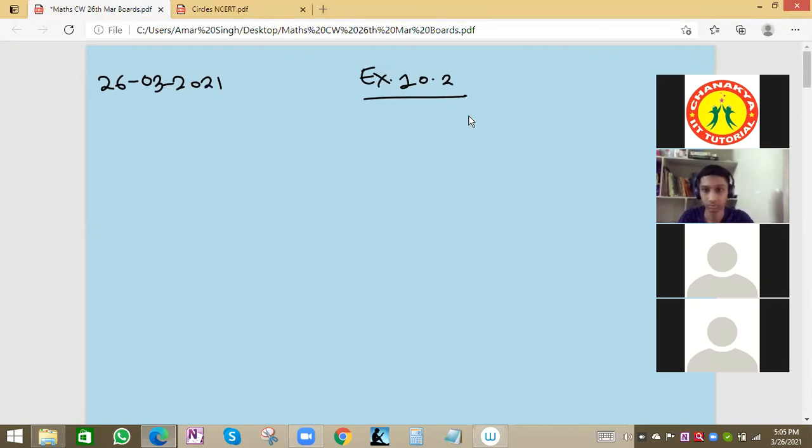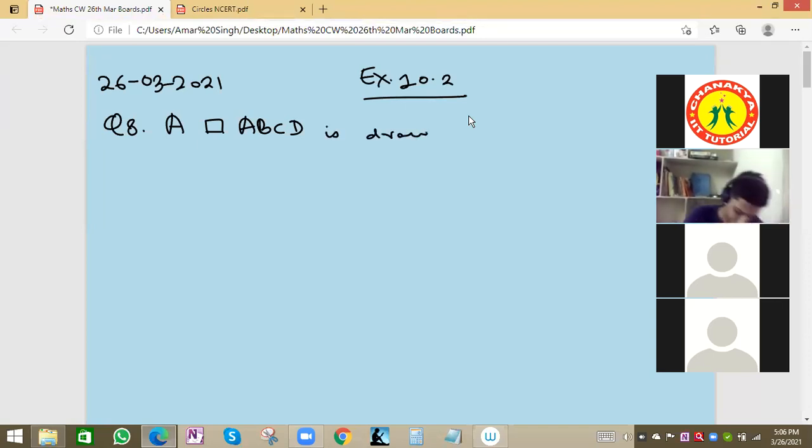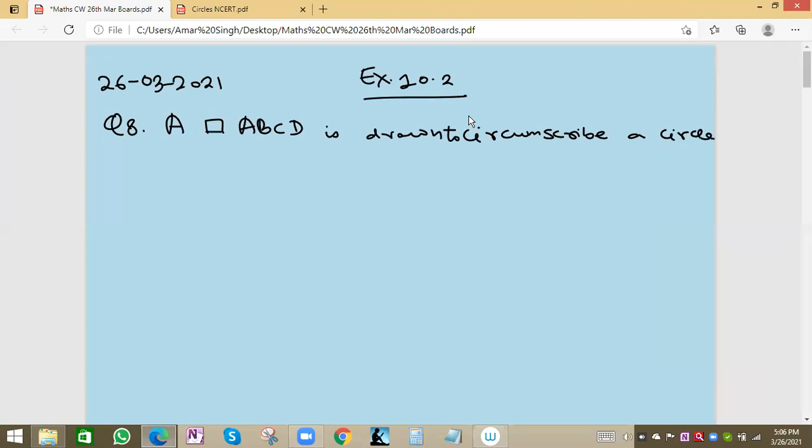Question number 8. I will write the question, and you can keep your book closed. Quadrilateral ABCD is drawn to circumscribe a circle.